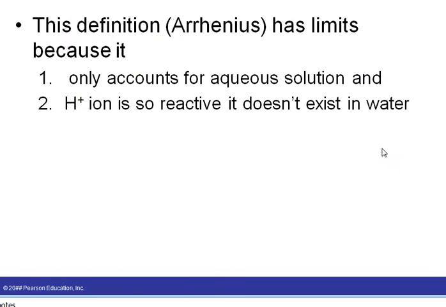This definition, which is Arrhenius's definition, has limits. Like I just said, it has limits because it only accounts for aqueous solutions. You have to have water. And it doesn't really account for the fact that the hydrogen ion is so reactive it doesn't actually exist in water. So it's perhaps not the best definition.